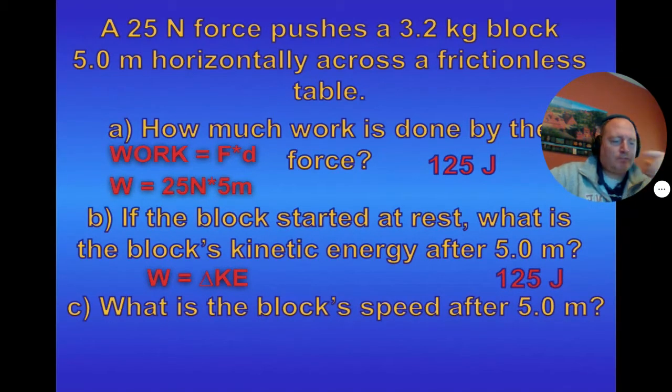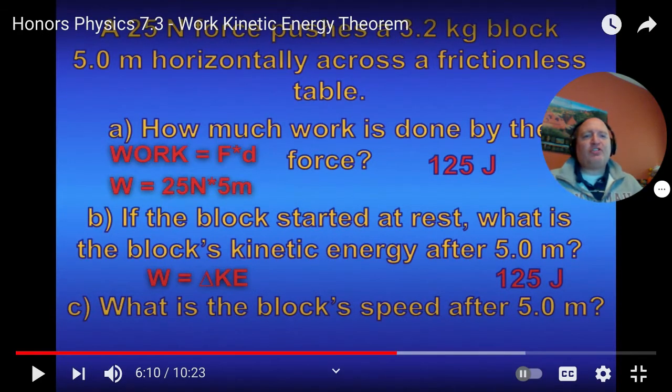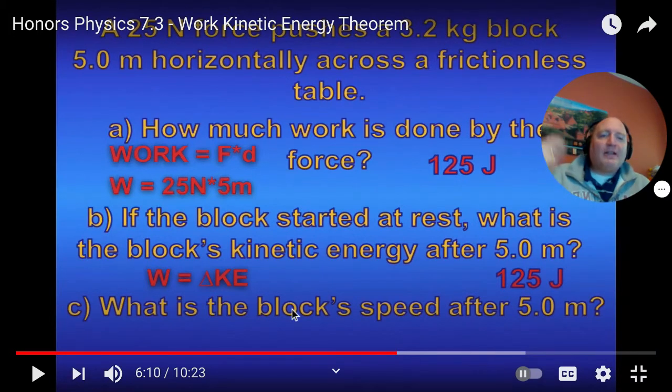If you're a student, you're like, wait a minute, I never used this 3.2 kilograms. Finally, in part C, you're like, oh, that's when I used 3.2 kilograms. So A and B are independent of how massive the block is. That's fascinating. Finally, we get to part C and we need the mass of the block.